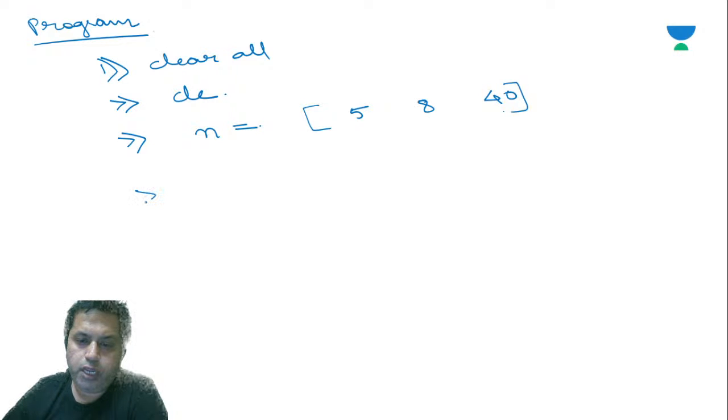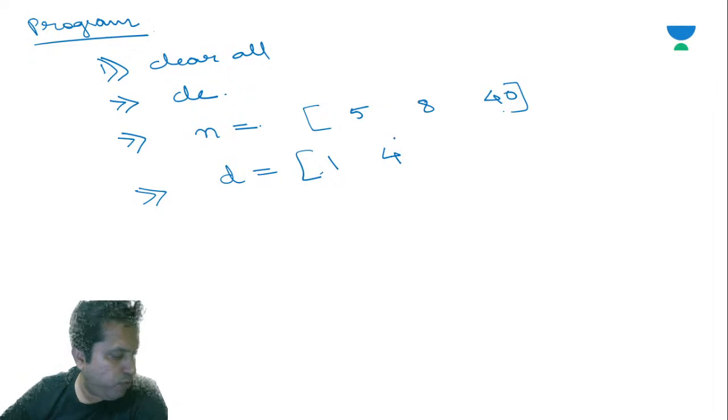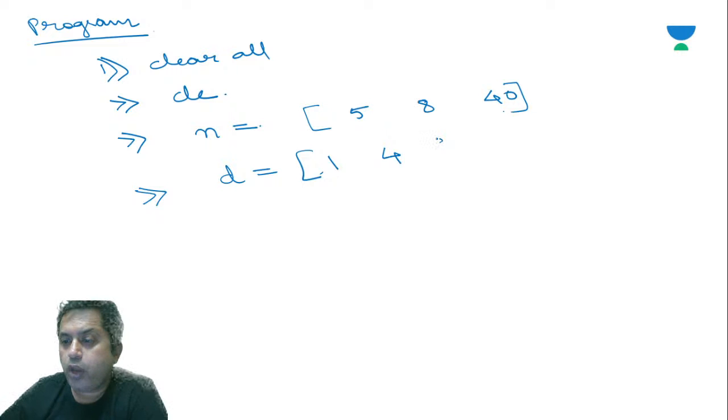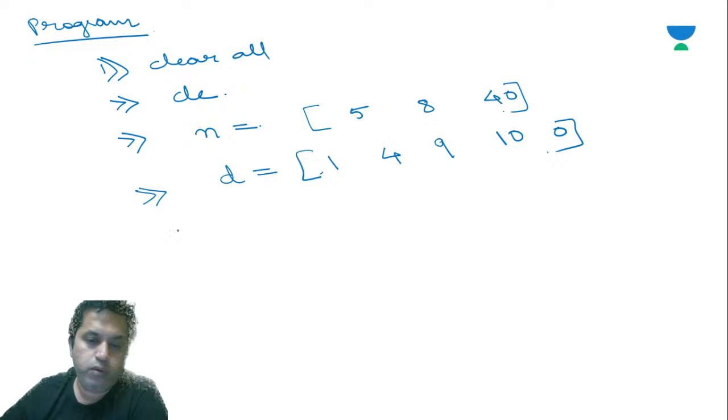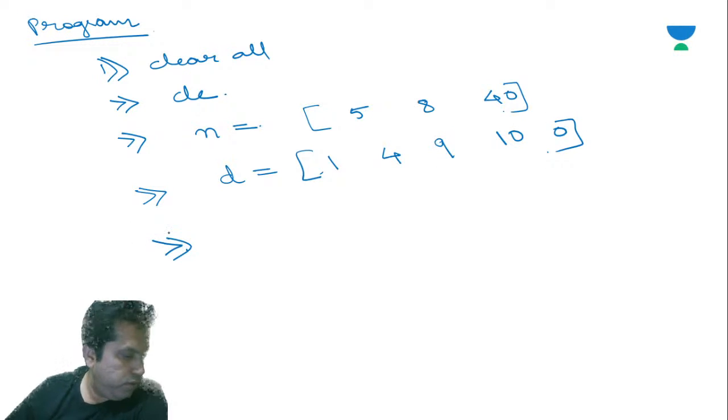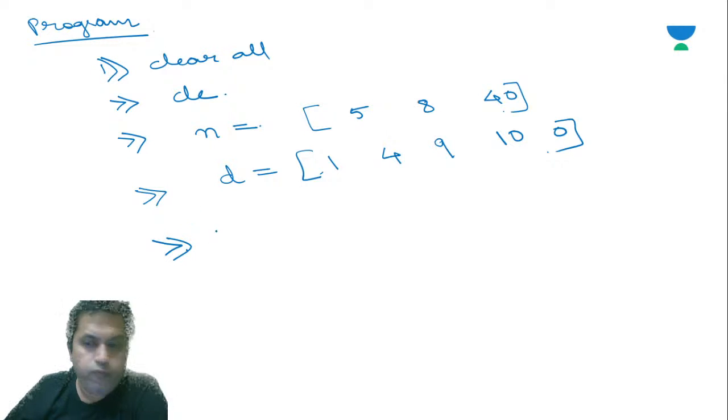So this is the numerator coefficient. For the denominator, s raised to 4 has coefficient 1, s cube coefficient is 4, s square coefficient is 9, s coefficient is 10, constant coefficient is 0. Okay, 1, 4, 9, 10, 0.